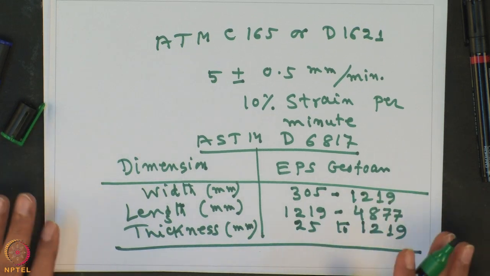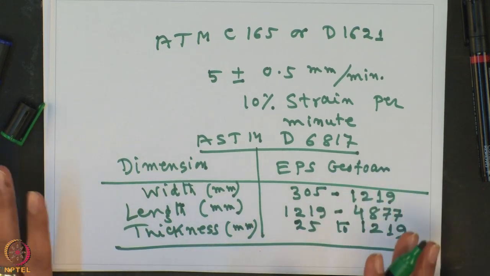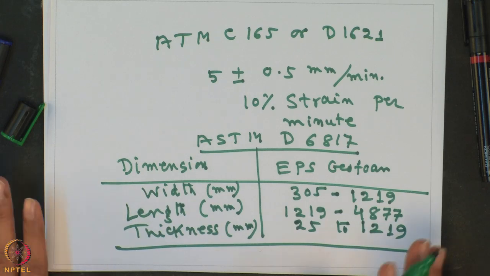So, these are the commonly used manufacturing dimensions of the EPS geoform material.